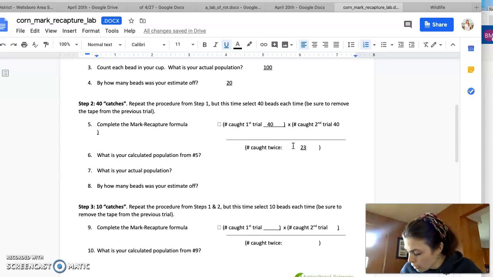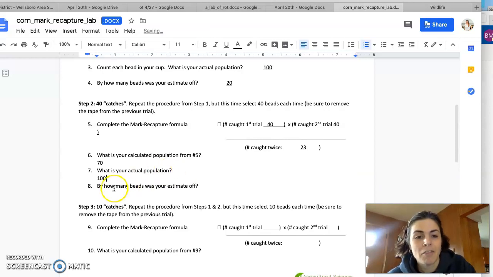So we do our math calculation: 40 times 40 divided by 23, and that gets me an estimated population of 70. So we actually went down. Statistically, not always how it is, but we still have a population of 100, so we were off by 30 that time.